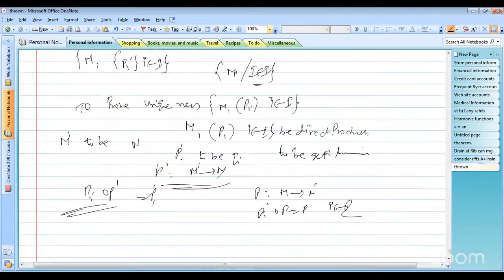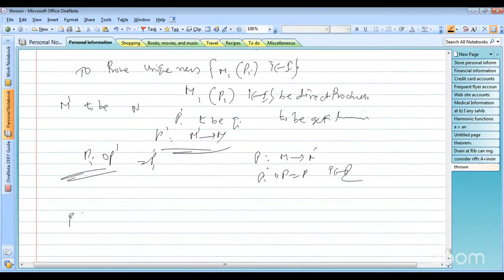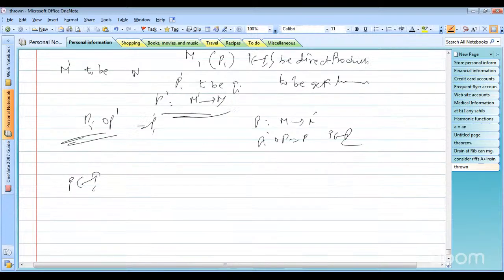Now for any i belongs to I, we can take the diagram here.